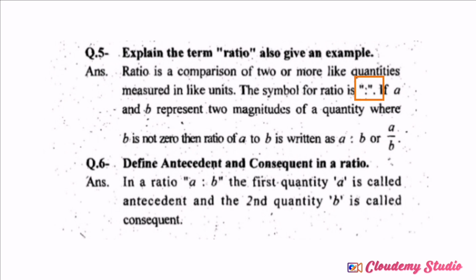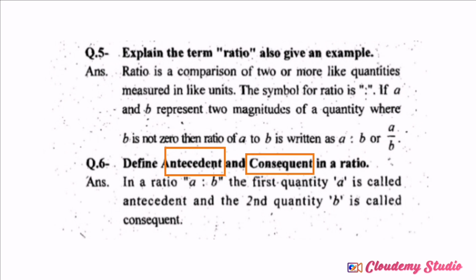If A and B represent two magnitudes of a quantity where B is not zero, then the ratio of A to B is written as A ratio B or A by B. Define antecedent and consequent in a ratio.